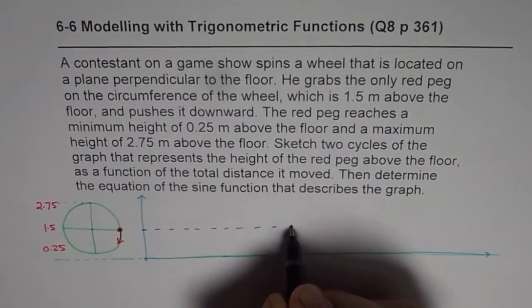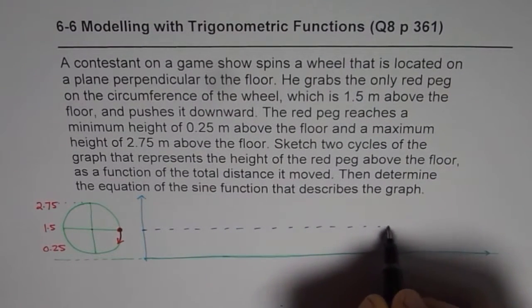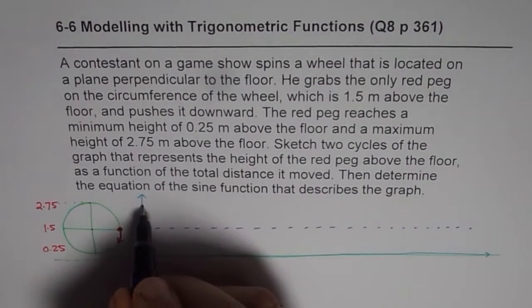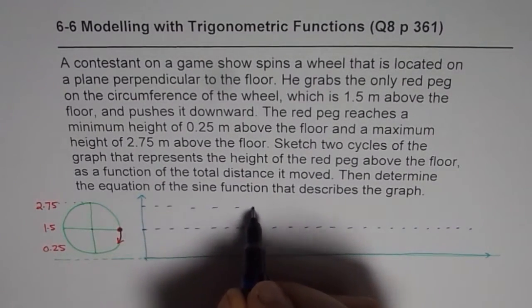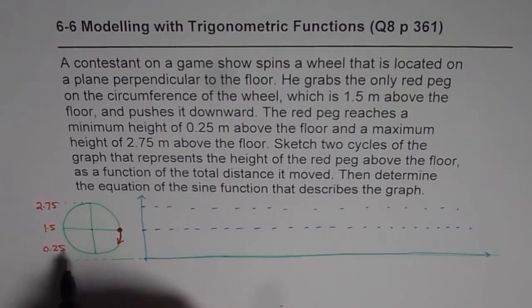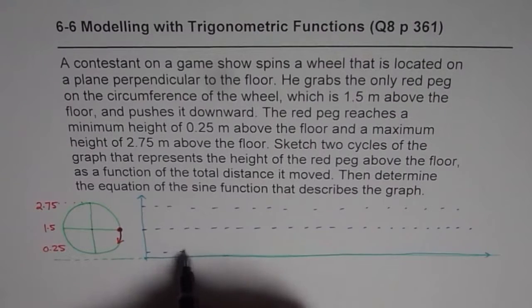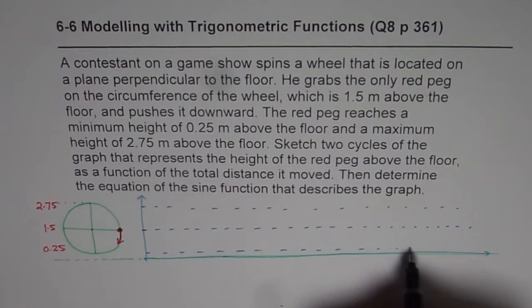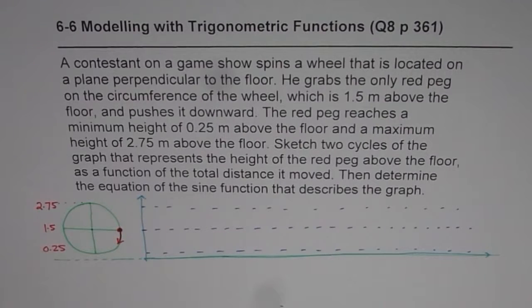Let me draw this axis for the sine wave. Maximum, it can go to 2.75, so I'm drawing a dotted line here, 2.75. It will help me as a guide, and the minimum is 0.25, so that is my minimum for the sine function at any instance of time. Roughly, let me sketch a graph here.